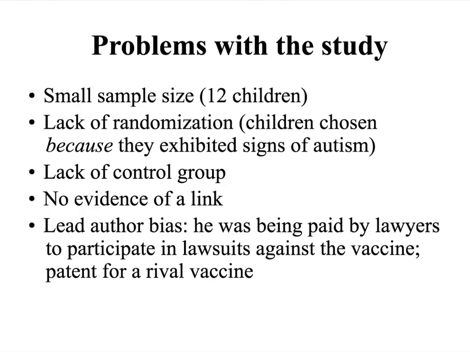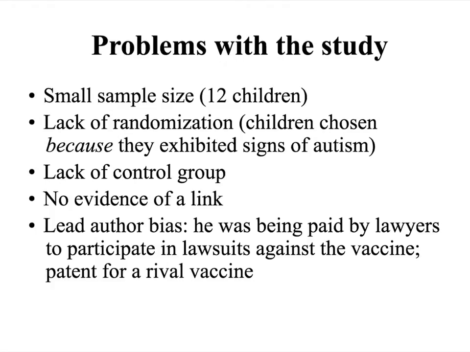So let's start talking about some of the problems with this study. Even if you just look at the study itself, first of all, there was a ridiculously small sample size of only 12 children. And the sample was not randomized because the children that were chosen to participate in the study already exhibited signs of autism.